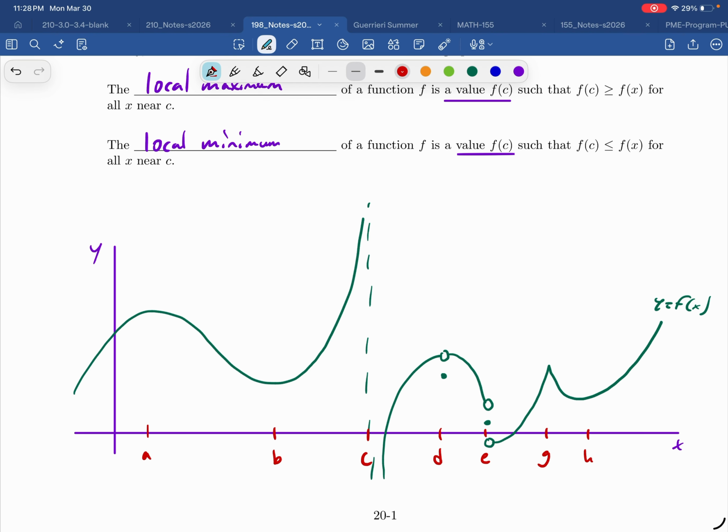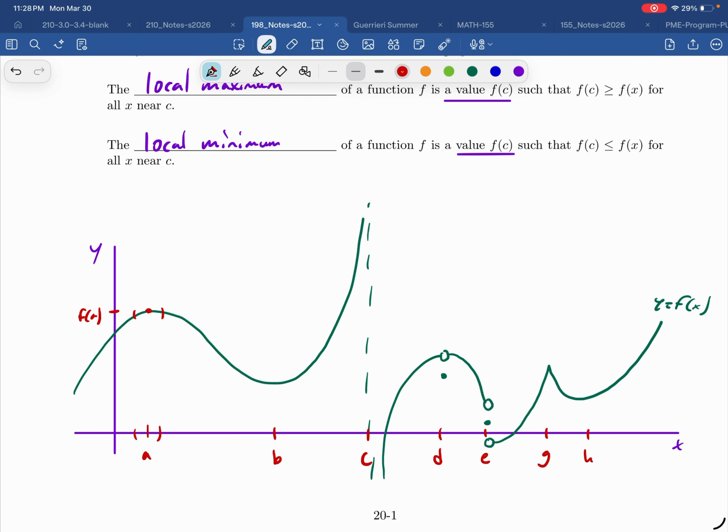So just based off our definitions of local maxes and local mins, note that right here, f of a is a local maximum, right? If we take some neighborhood of a, maybe this one, and we look at the corresponding y values in that neighborhood, they're all less than or equal to f of a. Draw that a little bit nicer, right?